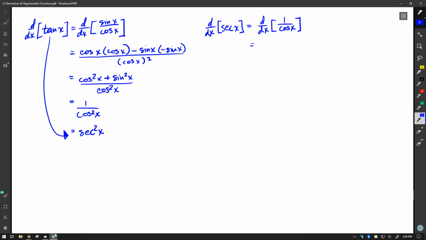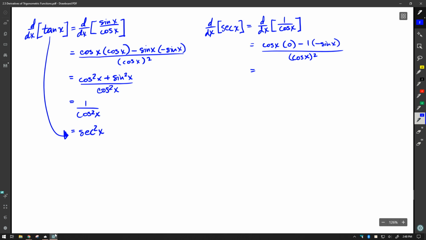So with 1 being the high function and cosine x being the low function, we're going to start with low d high. So that would be cosine of x times the derivative of 1, which is 0, minus high d low. So that'd be 1 times d low. So the derivative of cosine would be negative sine of x. And this would all be over the low squared, so cosine of x quantity squared.